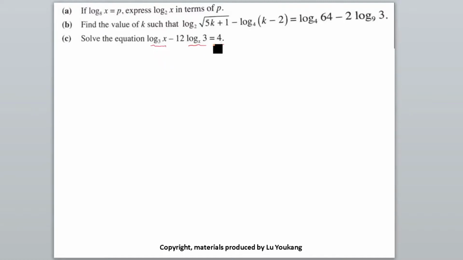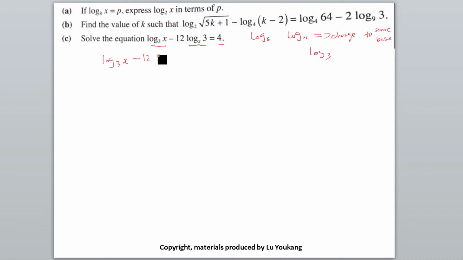So we are asked to solve the equation log 3x minus 12 log x3 equals to 4. So log with different base, so our job is to change it to the same base. So over here, the idea is we have to change the log to be the same base.